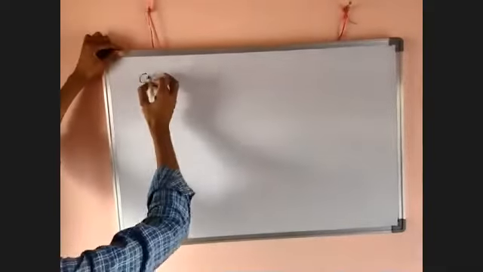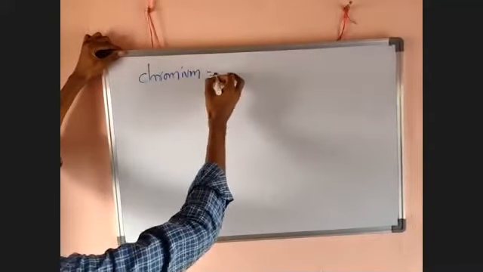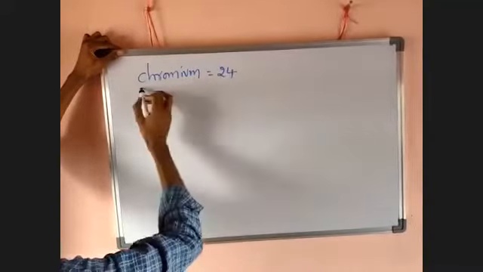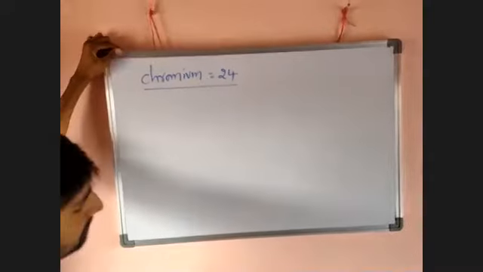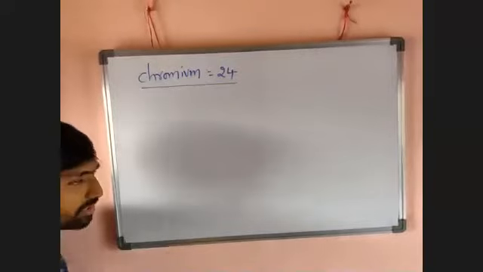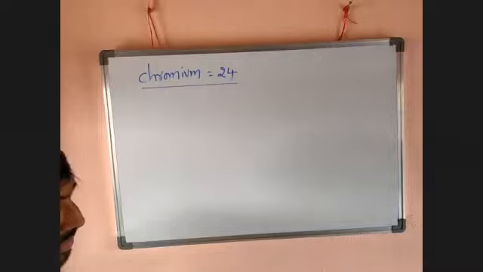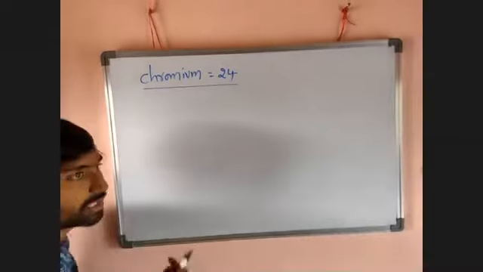I want to take one element, chromium. Chromium, atomic number 24. Based on the Moeller chart, we can arrange the 24 electrons in atomic orbitals.